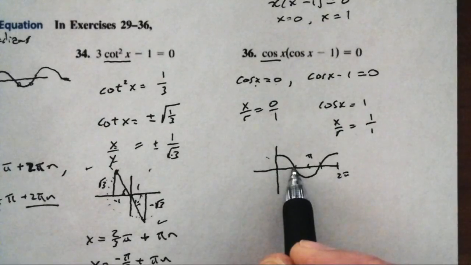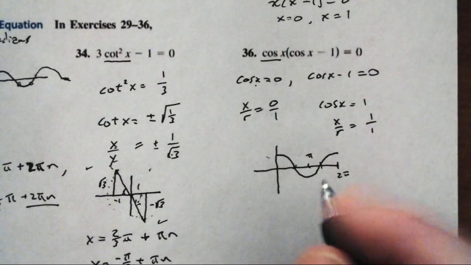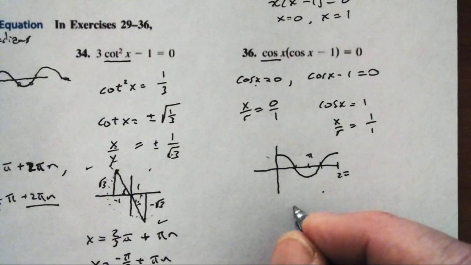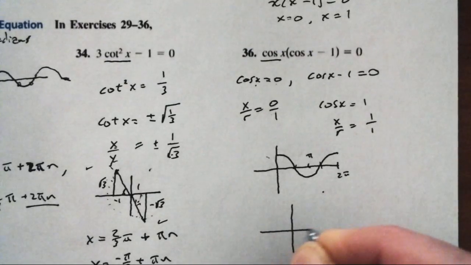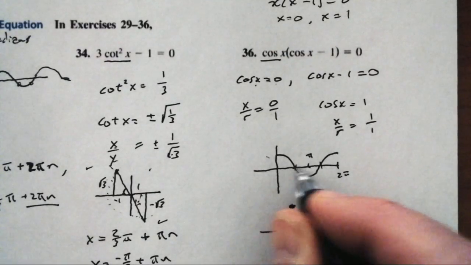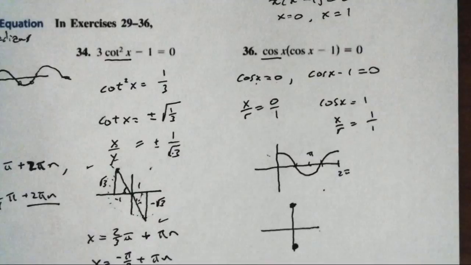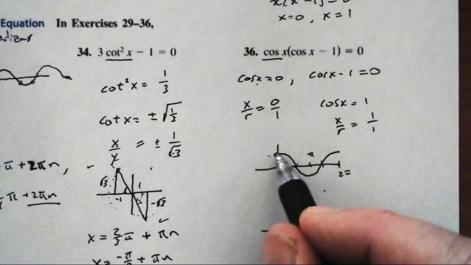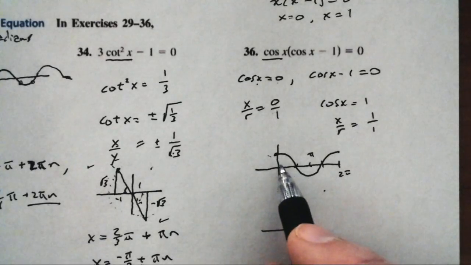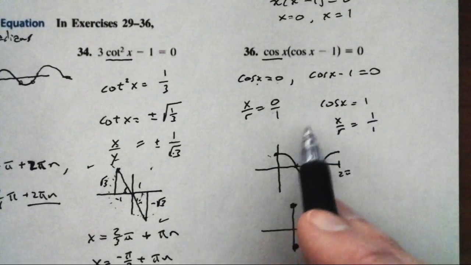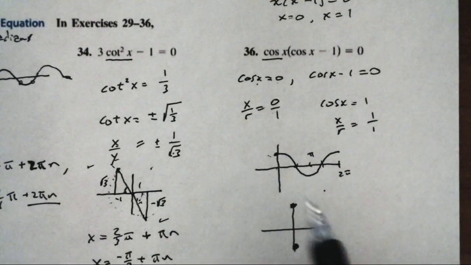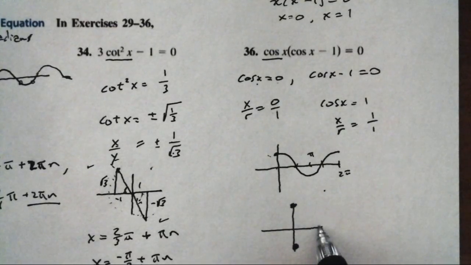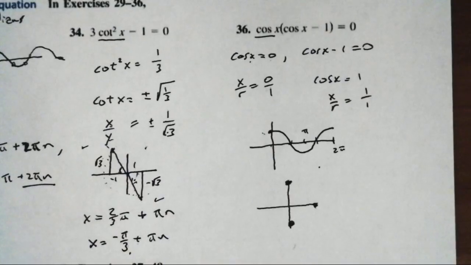Cosine is 0, rotationally speaking, at pi on 2 and 3/2 pi. And when is cosine 1? Cosine of x is 1 when x is 0. We have 0 revolution, and not again until here. So those are our three solutions.